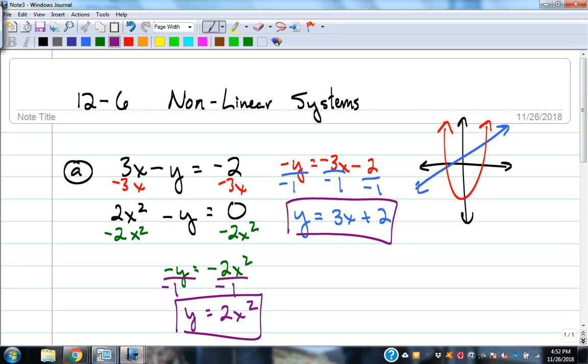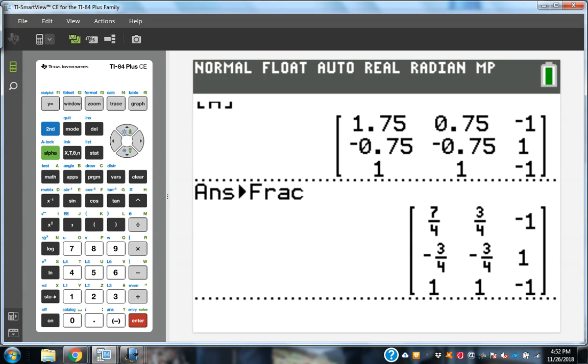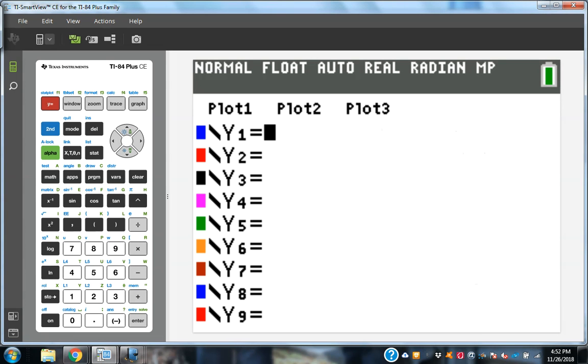Okay. So graphing calculator, I'm going to hit the y equals button. When you do that, make sure you don't have any scatter plots or stat plots turned on. So make sure your plots up there at the top are not darkened in.